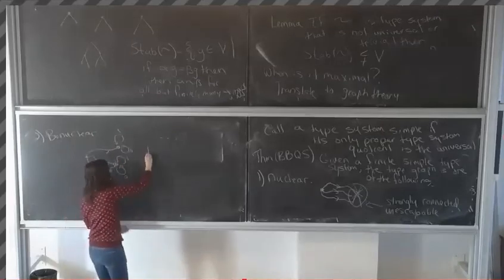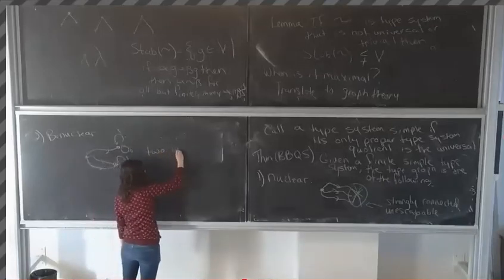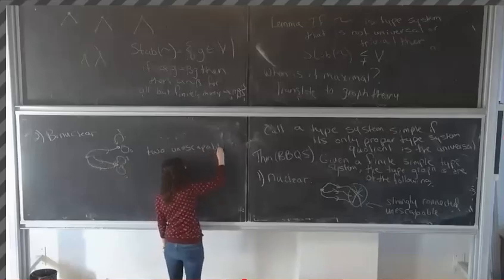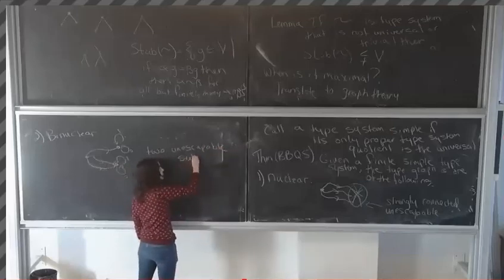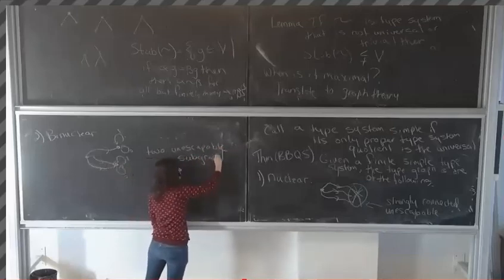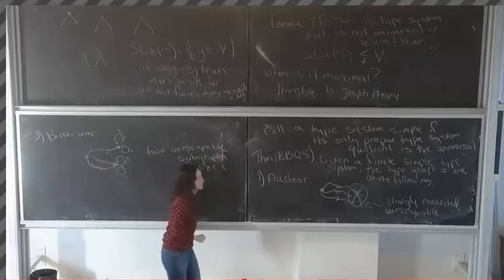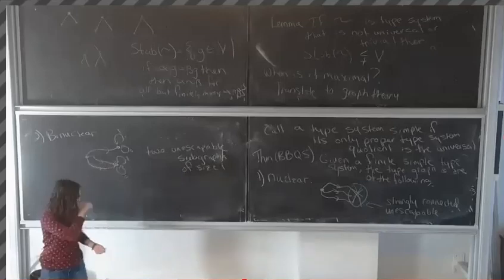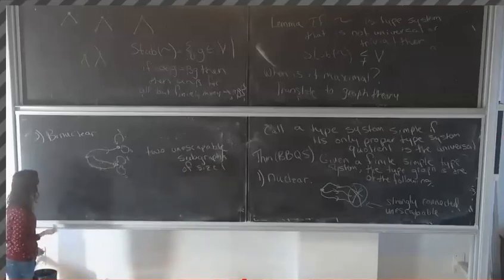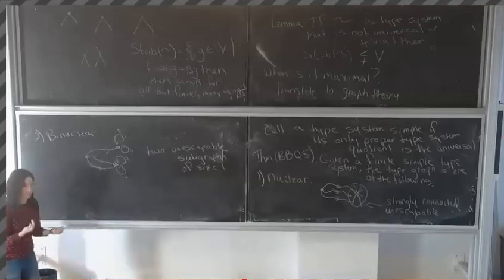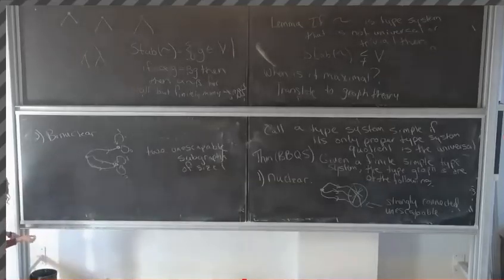So we have two unescapable subgraphs of size 1. If you have more than one nucleus, this is the only possibility that can happen, because otherwise you'd be able to quotient it down and find a proper quotient.